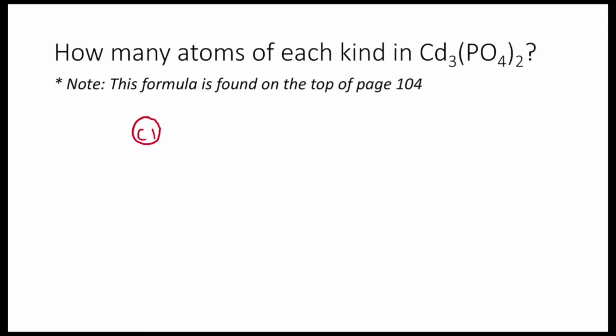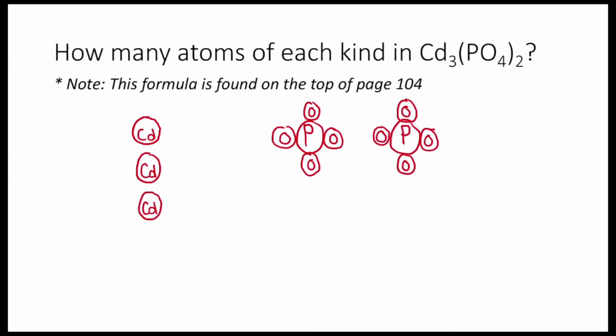Then our phosphate group again, we have 2 of the total groups. Remember that 1 is surrounded by 4 oxygens. So we have 1 there, and now we have a second one as well. So in total we have 3 cadmium, 2 phosphorus, and a total of 8 oxygen.